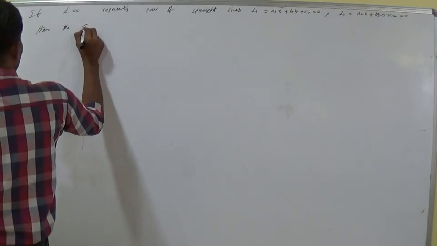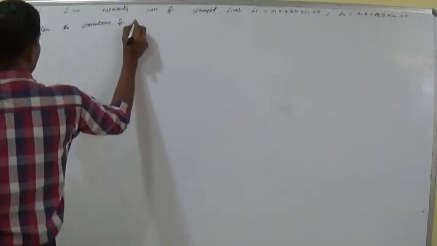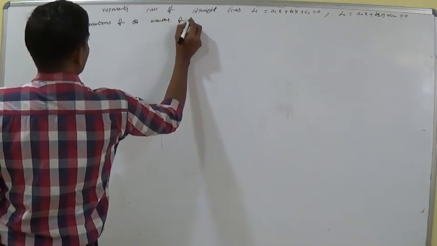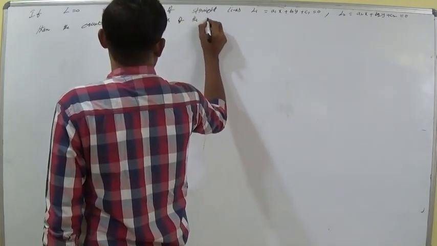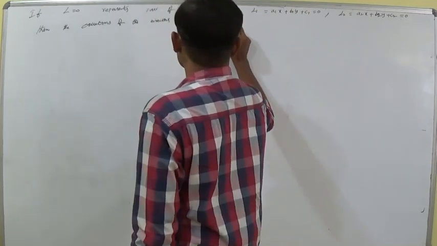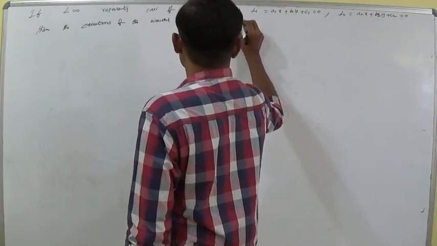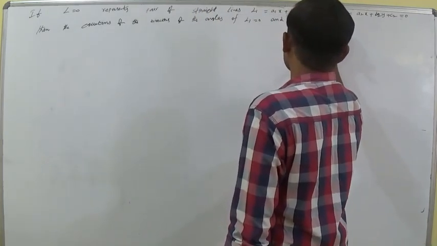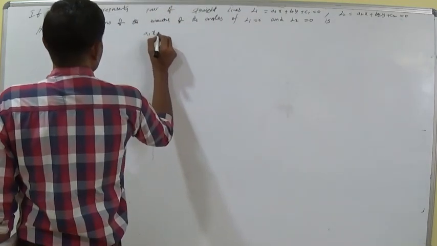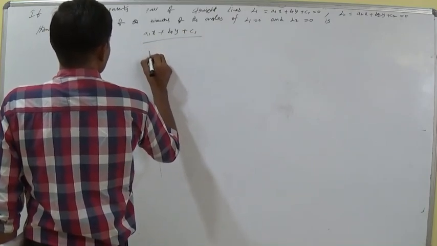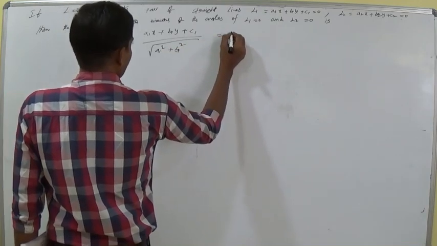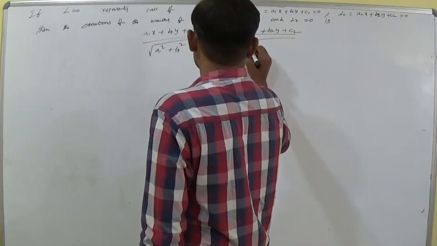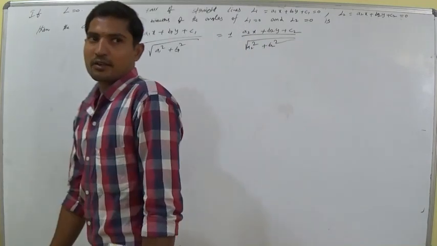Then the equations of the bisectors of the angles of L1 equal to 0 and L2 equal to 0 is (a1x plus b1y plus c1) by square root of a1 square plus b1 square equal to plus or minus (a2x plus b2y plus c2) by square root of a2 square plus b2 square. Understand?